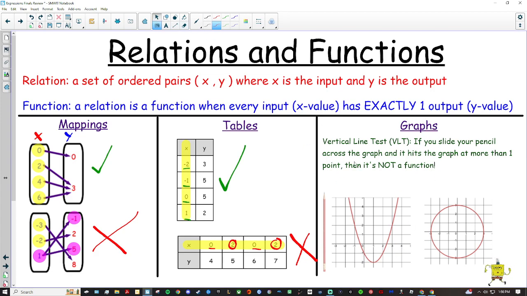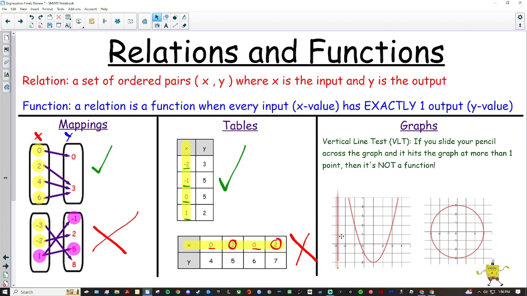Last but not least, a graph. If you are given a graph or asked to graph an equation, how do we determine if it's a function? We use what is called the vertical line test. You will take a pencil, hold it vertical, straight up and down, and slide it across your graph. If your pencil or your finger ever hits the graph more than one time, it fails and is not a function.